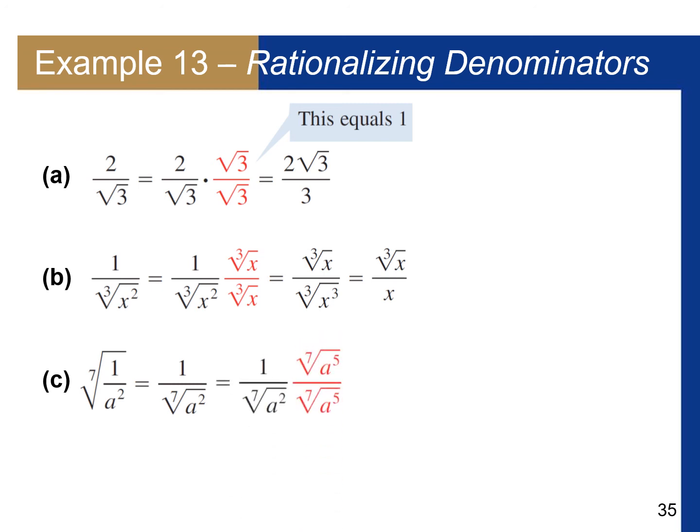So I'm going to multiply by 7th root of a to the 5th over 7th root of a to the 5th. That will give me 7th root of a to the 7th, which will give me 1. See, now this is just 1, so it's now just a to the first power on the bottom, and the 7th root of a to the 5th is still left on the top.